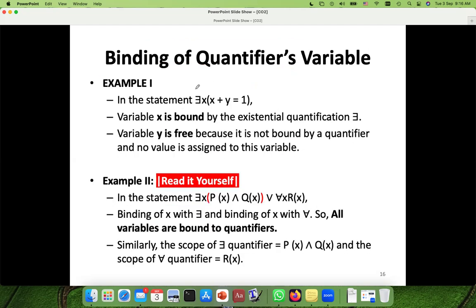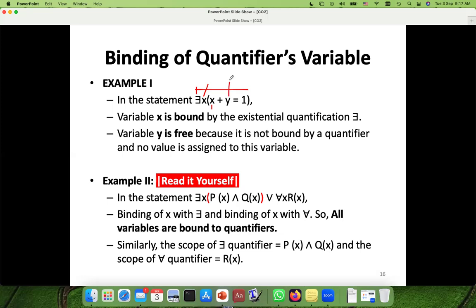So now if you have this statement, find the bound, free, and scope. There is an x, and then x plus y is equal to 1. Here this x is a variable, and this existential quantifier is attached with x. So then you can say x is a bound variable.